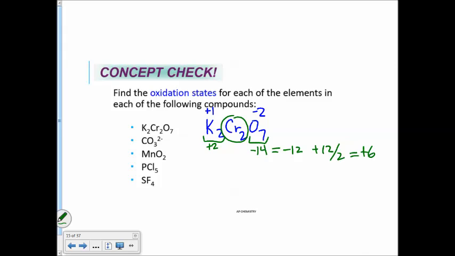Okay, now let's look at the carbonate. Like the carbonate one, because it adds up to a what? Negative 2. So now we want the charges to add up to a minus 2 here. So the only one that we know from our oxidation rules there is oxygen, right? So oxygen, in and of itself, is worth a minus 2, and there's 3 of them, so that equals minus 6, right?